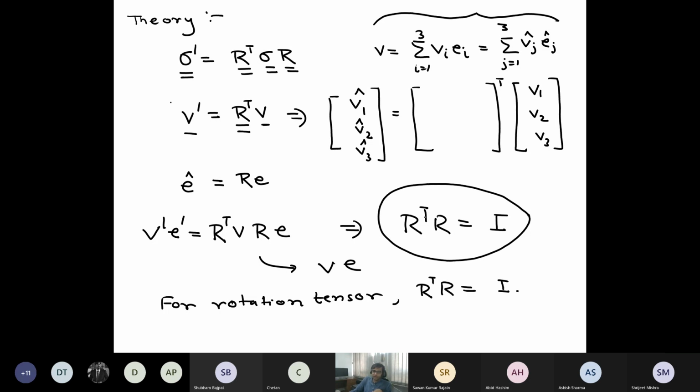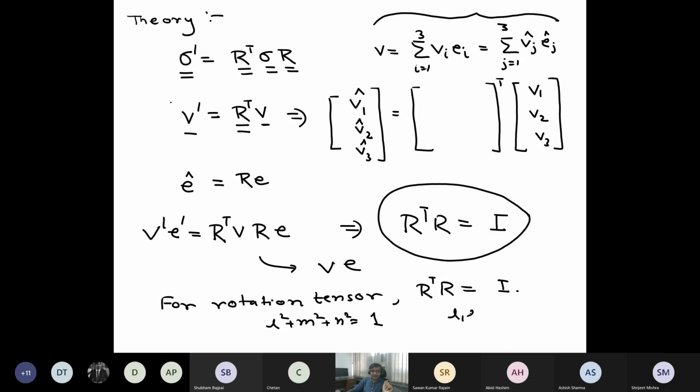So can you tell me why it is I? Any idea? We have discussed it earlier, but let's see. Is it because R is a skew symmetric matrix? No, not for every skew symmetric matrix; it may not be I. It is coming because l square plus m square plus n square is equal to 1, you remember?